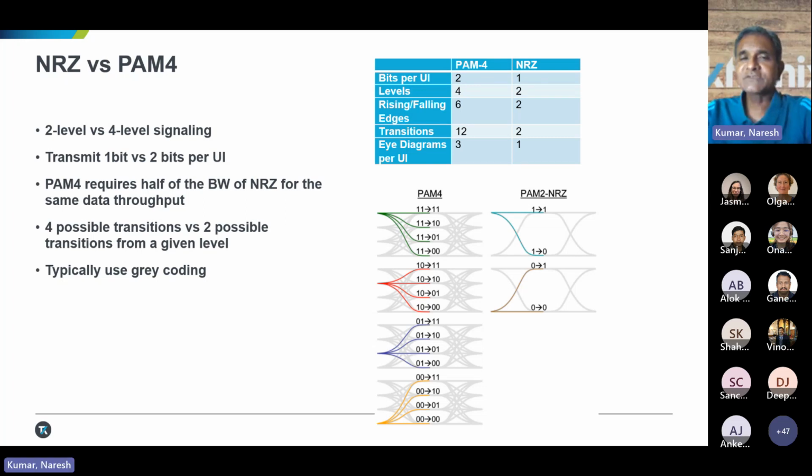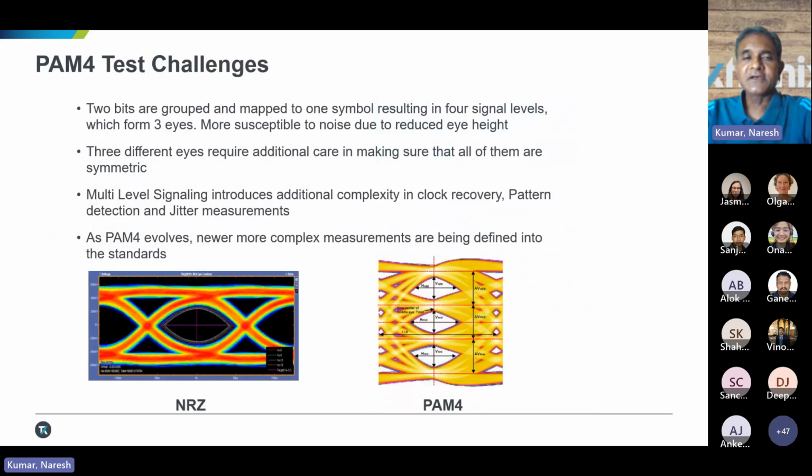And eye diagrams per UI also go up because now we are talking of 4 levels. So 3 eye diagrams have to be captured for measuring one channel, right? And what does that mean? It basically means that you have to capture 3 eye diagrams and also take care that they're all symmetric and aligned, because you're trying to make a measurement on all 3 eyes at the same time.